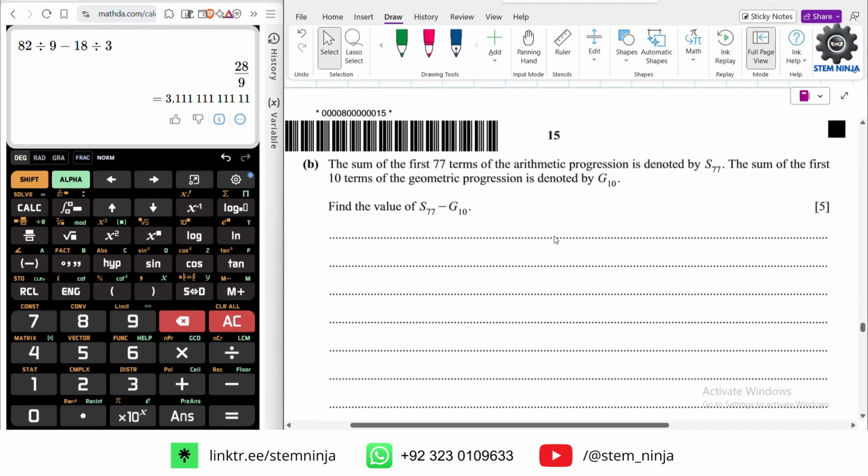The sum of the first 77 terms of the arithmetic progression is denoted by S77. The sum of the first 10 terms of the geometric progression is denoted by G10. Find the value of S77 minus G10.